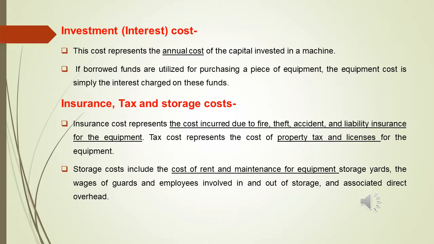Next is insurance, tax, and storage cost. This is all about insurance of the equipment, vehicle, tax, and storage cost. Insurance cost represents the cost incurred during fire, theft, accident, and liability insurance for the equipment.